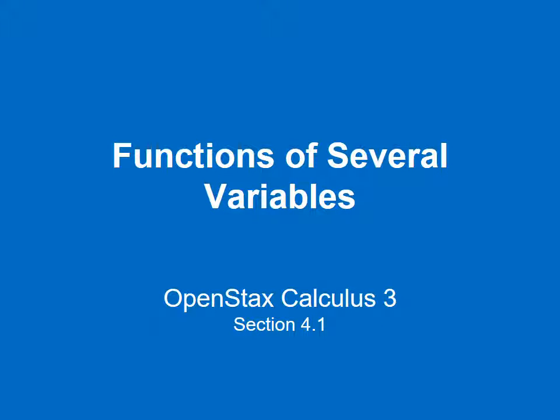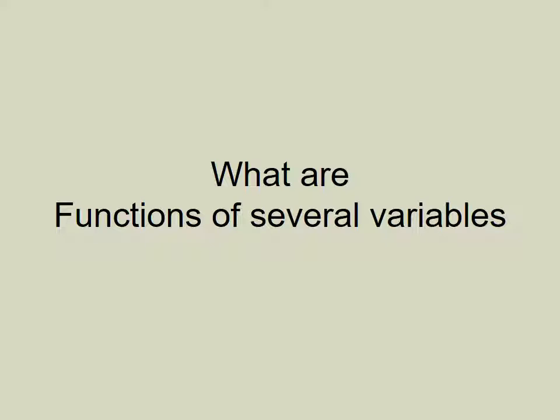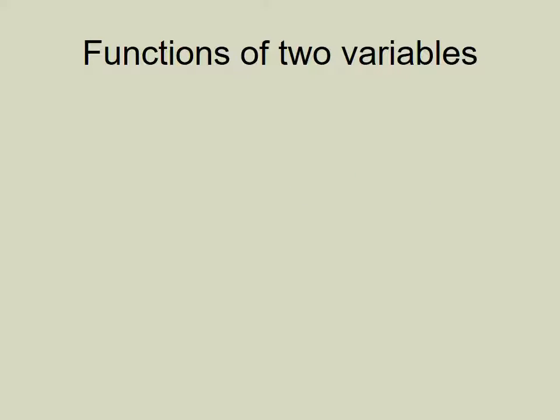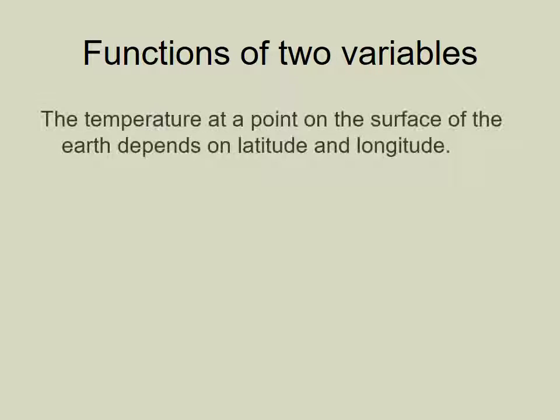So let's start with our functions of several variables. Let me show you some examples of what these things are. So what we could do is model the temperature at any point on the surface of the Earth by giving the temperature as a function of the latitude and longitude.